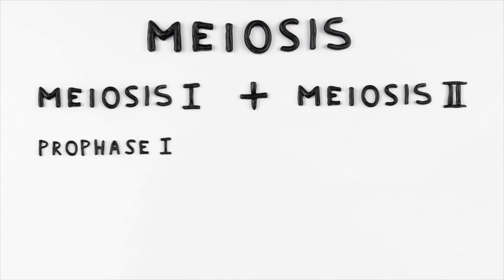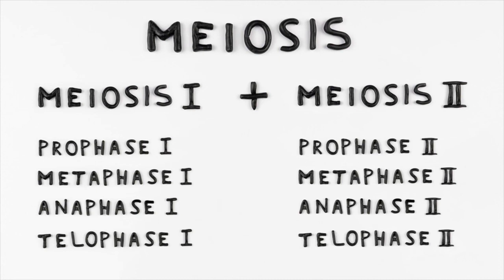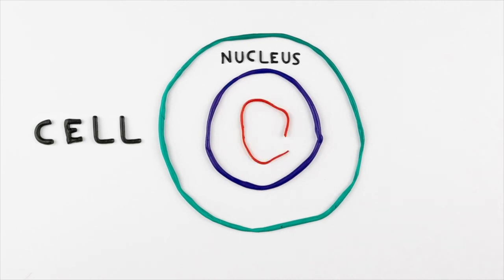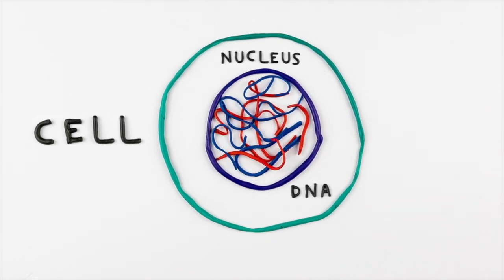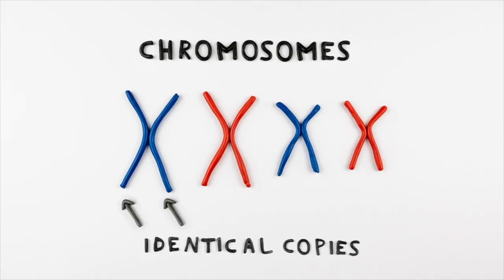Meiosis involves 2 cycles of cell division, called meiosis I and meiosis II. Each cycle involves the same 4 stages as mitosis, PMAT, with some important differences. Just like mitosis, the parent cell copies its DNA before cell division begins, so each single-stranded chromosome becomes double-stranded.